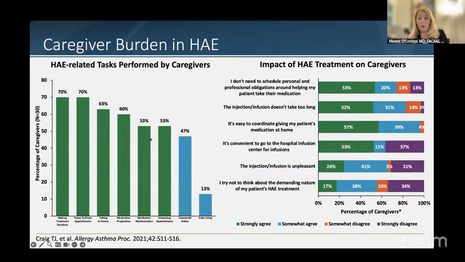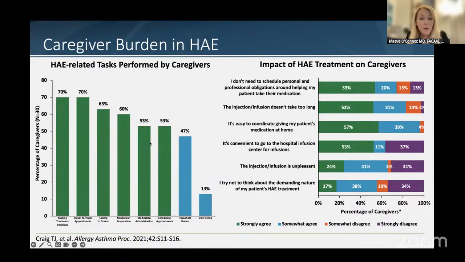So thinking about caregiver burden in HAE, the HAE impact does extend beyond patients, affecting not only direct caregivers, but also more indirect support networks as well. The caregivers often will take on the responsibility of monitoring the symptoms, managing the medications, handling the emergencies to take some of the burden away from the patient, or if the patient is a pediatric patient, for example.